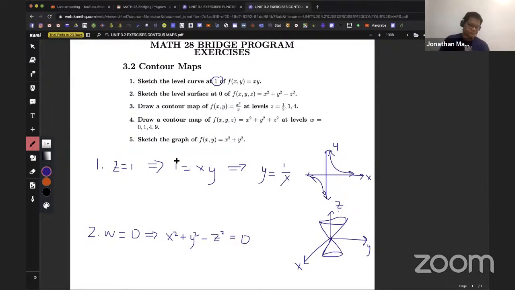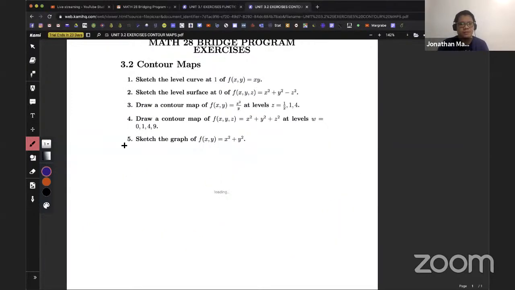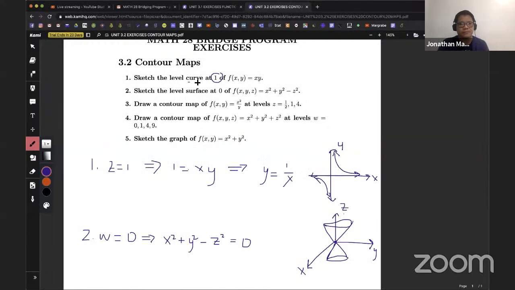Okay, now, maybe some of you are wondering the differences of these terms. Okay? Pag sinabi nating level curve, okay, we use the word curve, we are referring to a function of two variables. Okay?